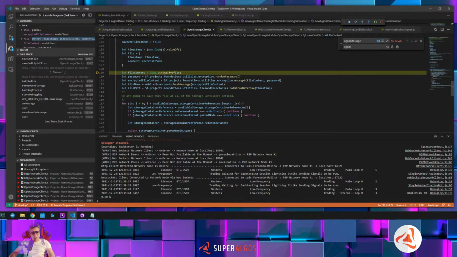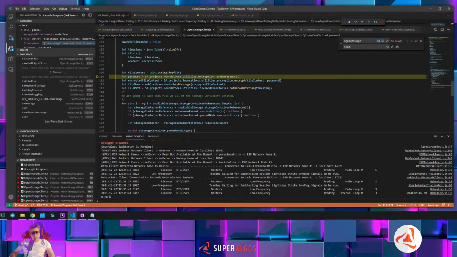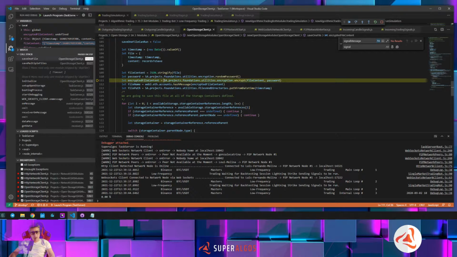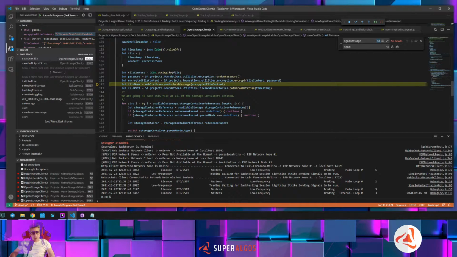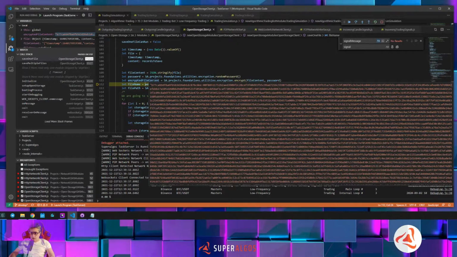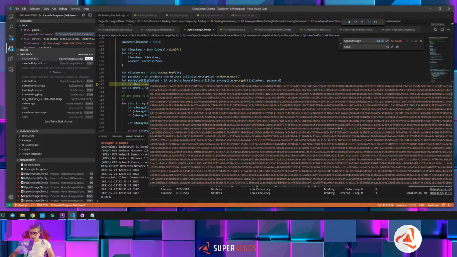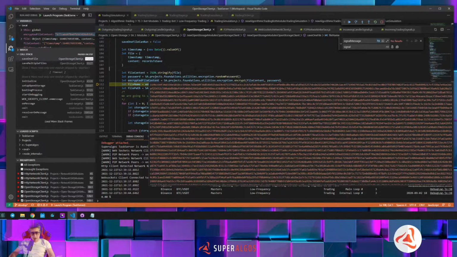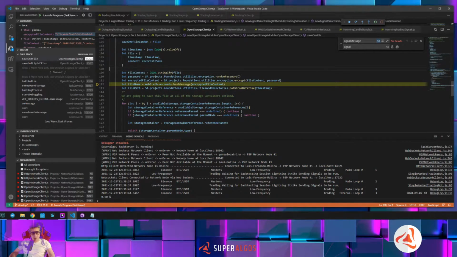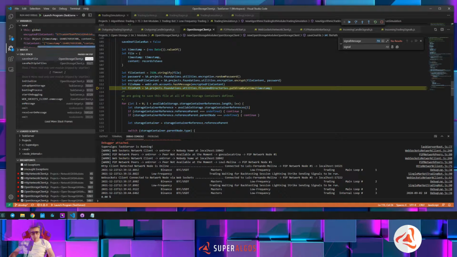Timestamp, file, all this stuff, we already had it. Beautiful encrypted file. Nobody can have any idea what is going on in there. File name, that took a while, the hash.